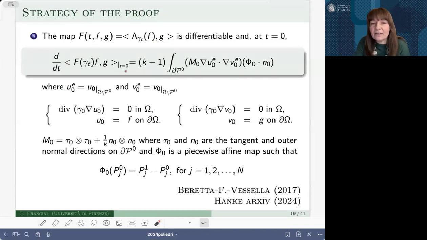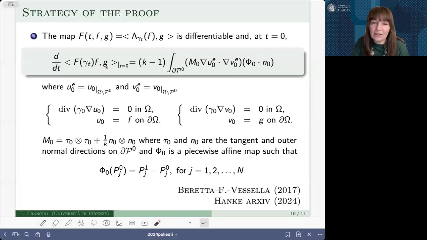So this formula tells us that this derivative has this shape. It's an integral on the boundary of the domain P0 of a function that depends on solutions U0 and V0 of the Dirichlet problems corresponding to the polygon P0.